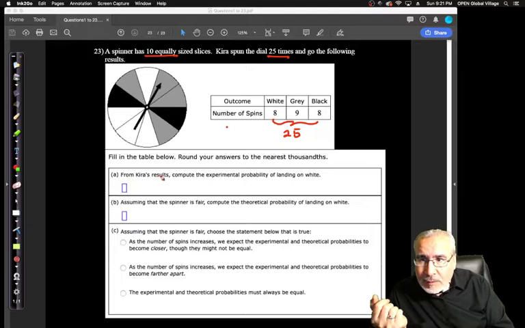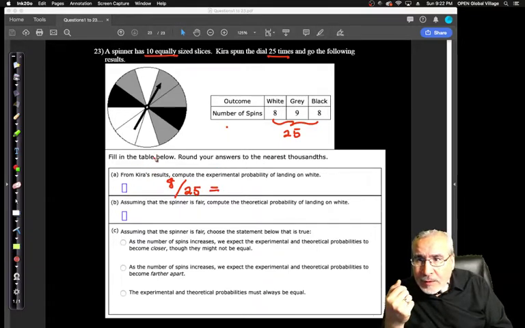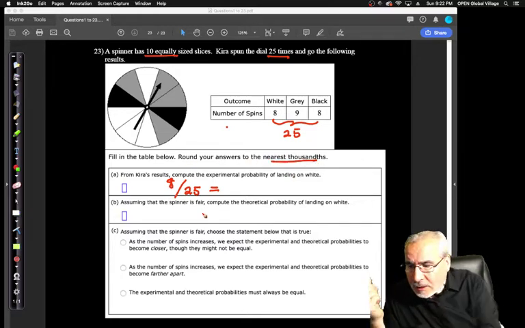So first, from the results, compute the experimental probability of landing on white. White was 8 out of 25. And that appears, fill in the table below, round your answers to the nearest thousandths. So that's good.